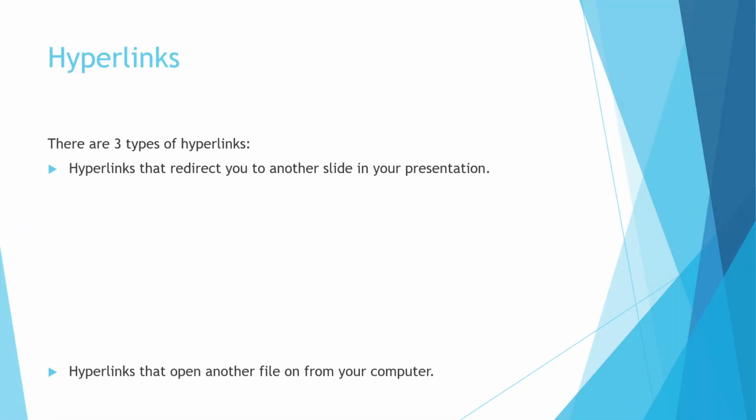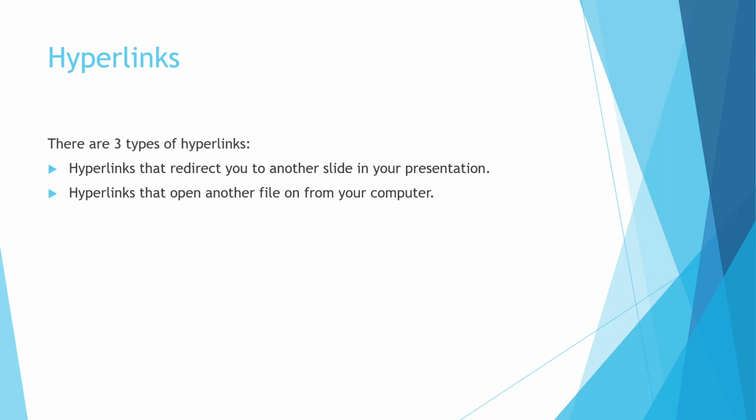Okay, so the three types of hyperlinks: we can use hyperlinks to redirect us to another slide in our presentation, or we can use them to open another file from our computer and redirect us to an external web page. We've seen these last two, and we're about to see the first one.